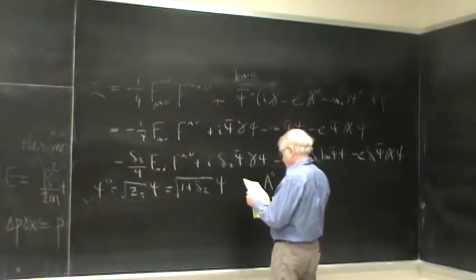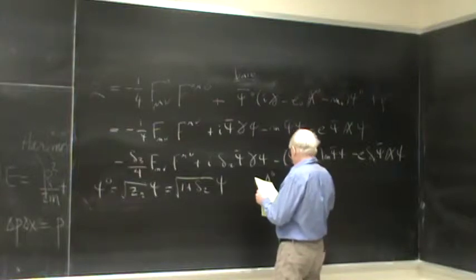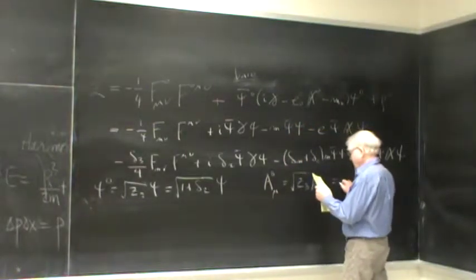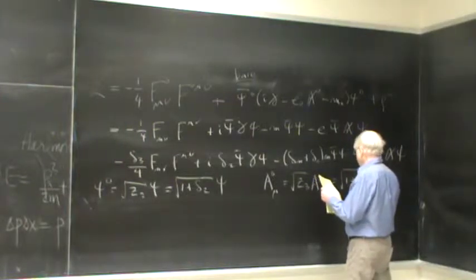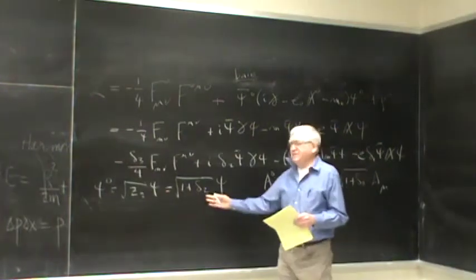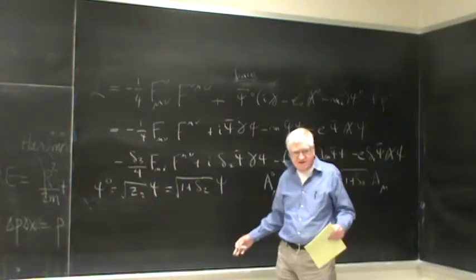A0, the bare field, is the square root of Z3 A mu, and so this is the square root of 1 plus delta 3 A mu. So once you expand in terms of the deltas, you can forget the Z's if you want.